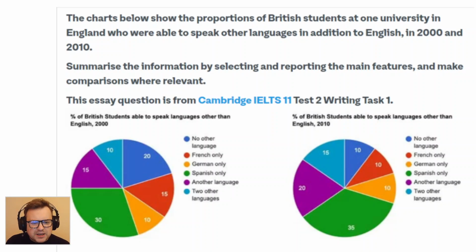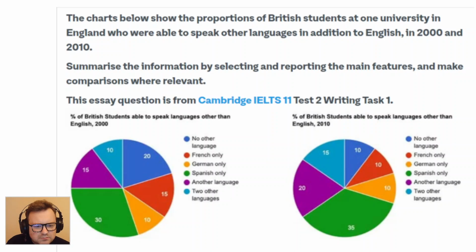Now let's just compare that very quickly with the situation in 2010. Spanish was still number one with 35%, but the number of people who didn't know any additional language dropped from 20% to 10%. It's quite a meaningful drop. Okay, any other meaningful things here? There's no change between German speakers, well, a slight change, a drop between French speakers.